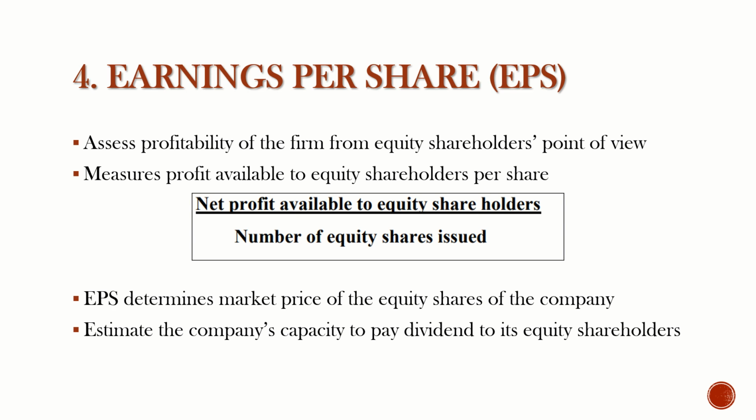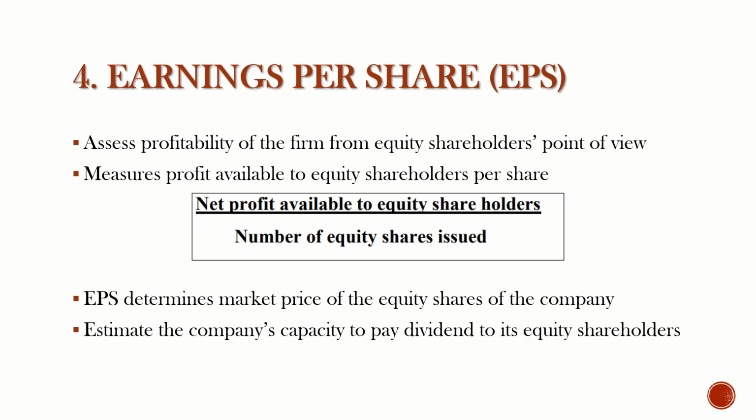So this ratio measures the profit available to the shareholders, that means the equity shareholders, per share. So now let's see what is the equation. EPS is equal to net profit available to equity shareholders divided by number of equity shares issued.